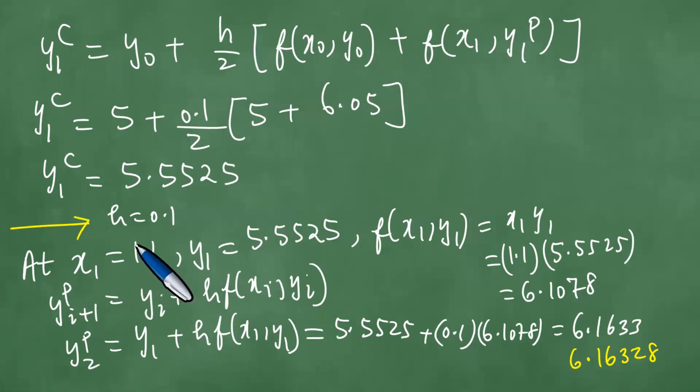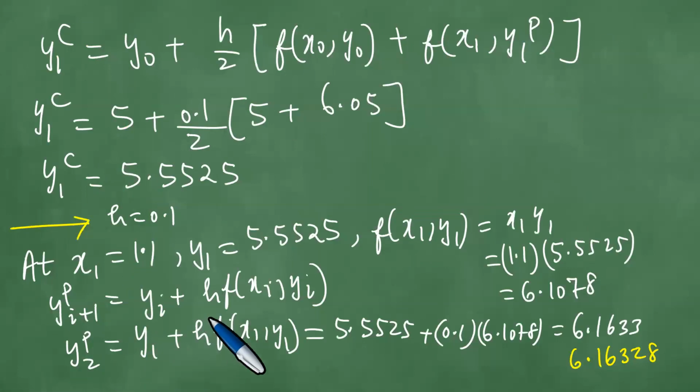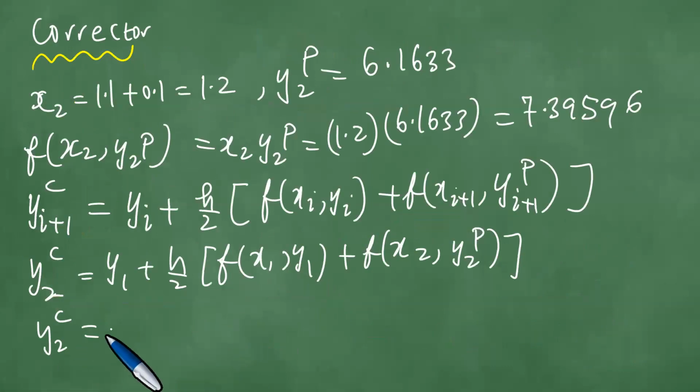And now the y1 here is what? Okay, you can see the y0 is that. So what is the y1 we used in the predictor? It is 5 point that, which is exactly this. So we're going to use the same 5.5525.